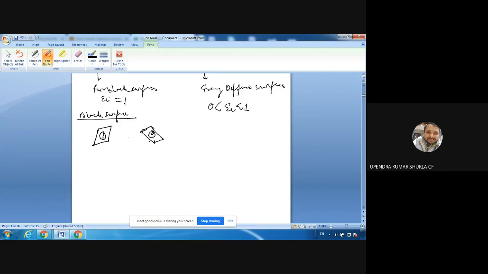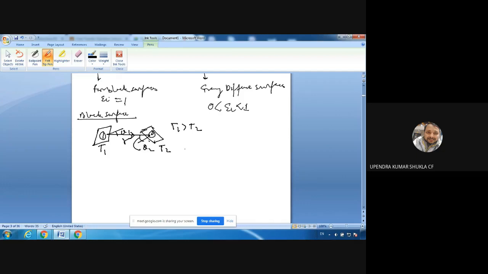This is the distance between these two, let's say r, the angle from the normal is theta 1, and here the angle from the normal is theta 2. Suppose this is at temperature T1 and this is at temperature T2, and assume T1 is greater than T2. So heat transfer will take place from T1 to T2.